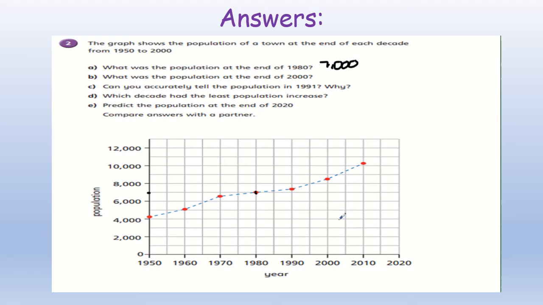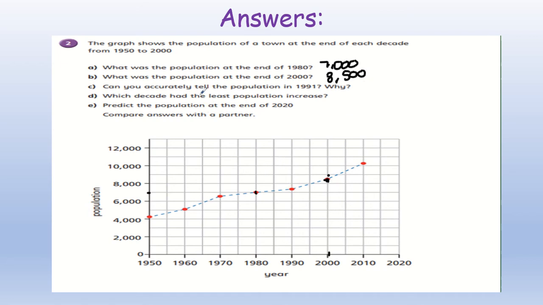What was the population at the end of 2000? Now, this one is not halfway, but it's about halfway between the 8,000 and the 9,000. So I think that would be 8,500.